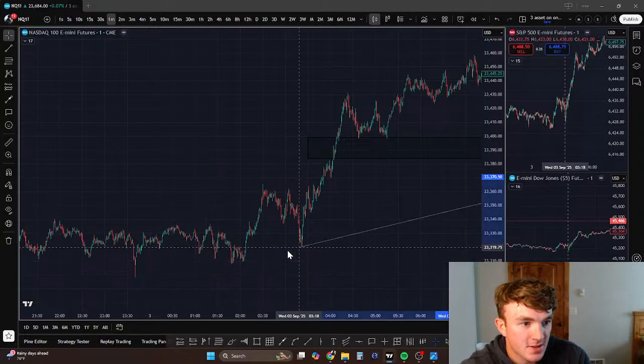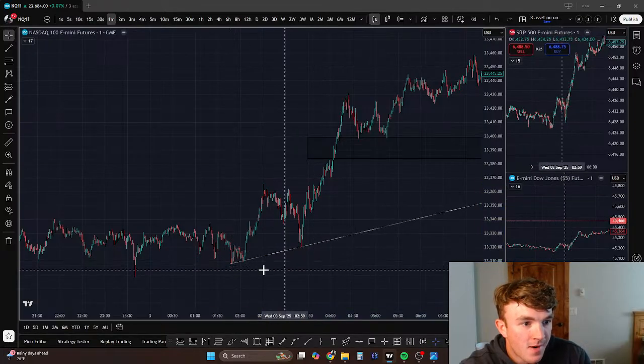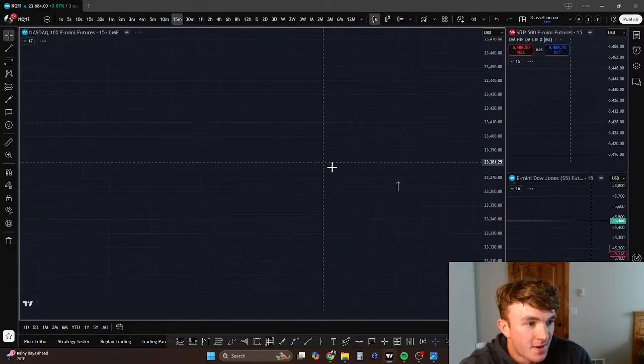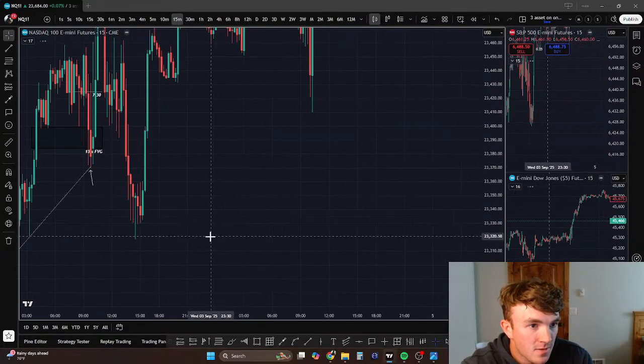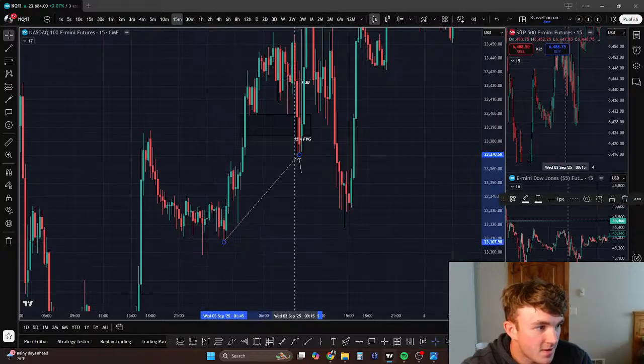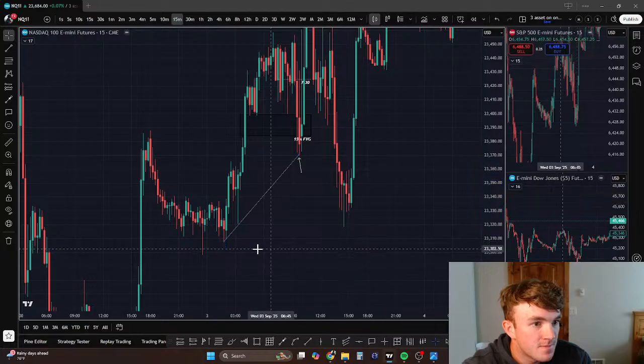Okay, yeah. So this low right here. This is the low, 144. Let's zoom out here. So 130. Yeah, see how we have S&T with that low?